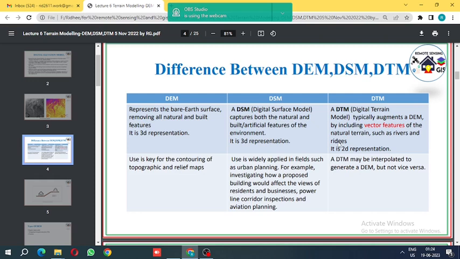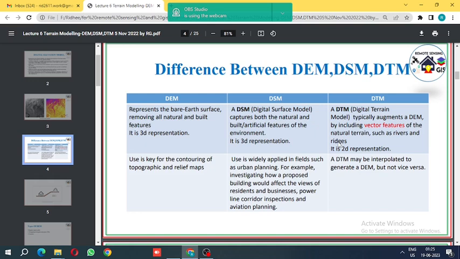But in case of DEM, it will only represent the ground, not the tree height, not the build-up height. Okay, so this can be used for contouring or topography or relief map.